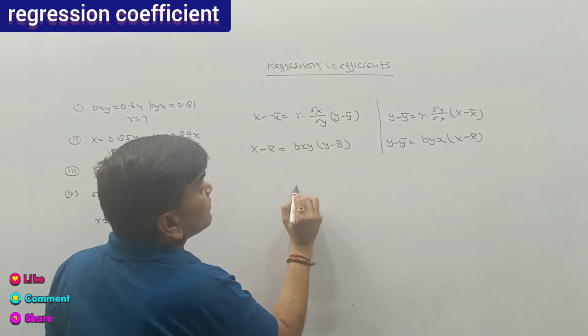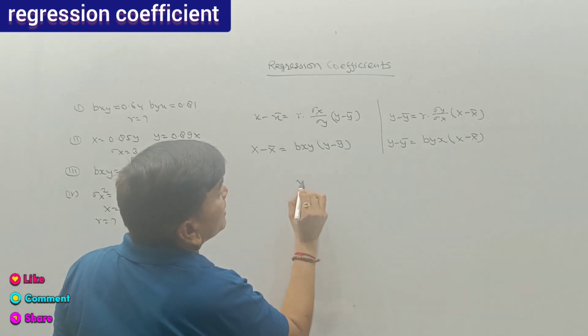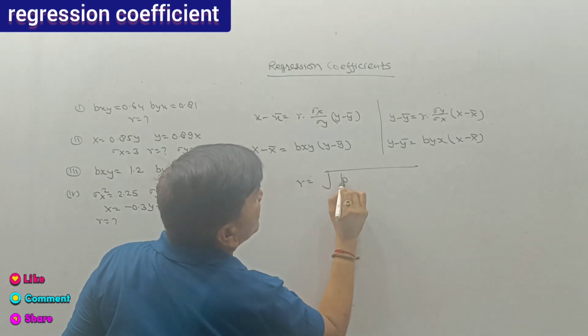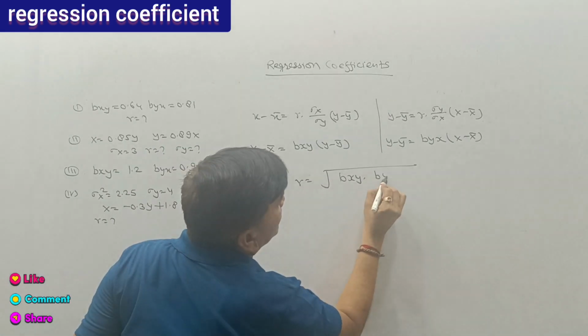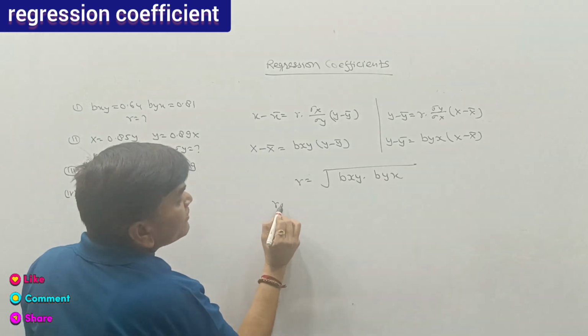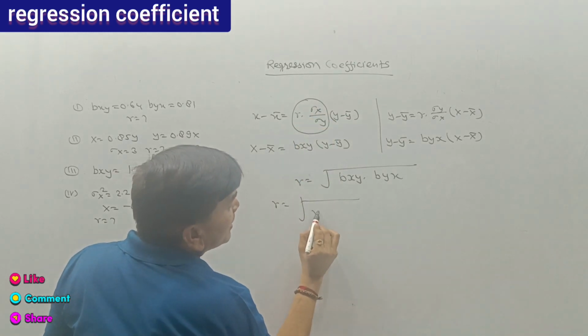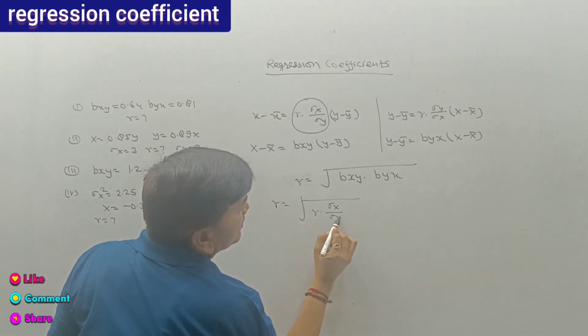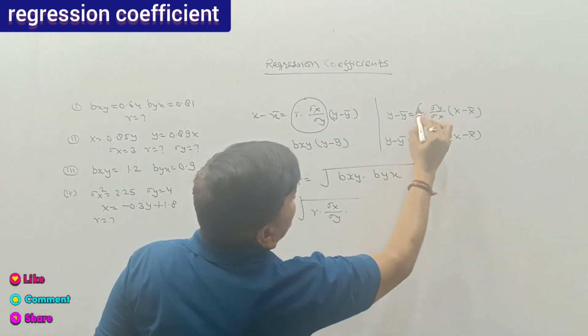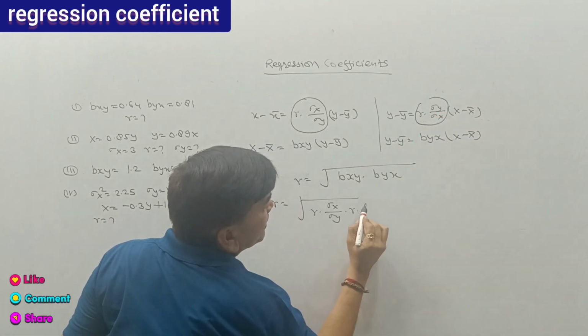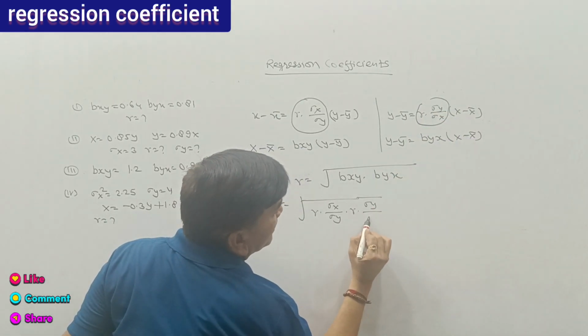The regression coefficient r is equal to bxy multiplied by byx. As we know, the value of bxy is r multiplied by sigma x upon sigma y, and the value of byx is r multiplied by sigma y upon sigma x.